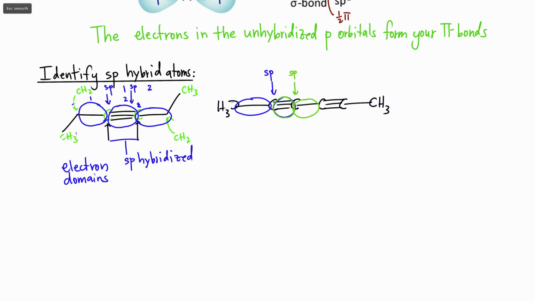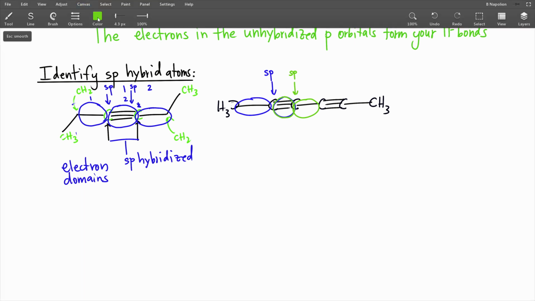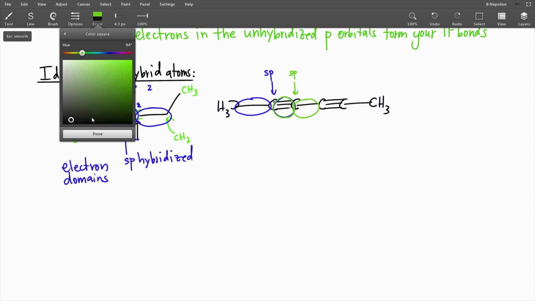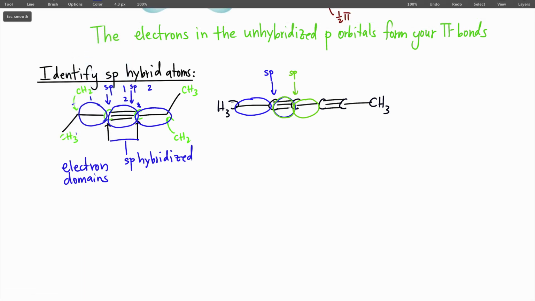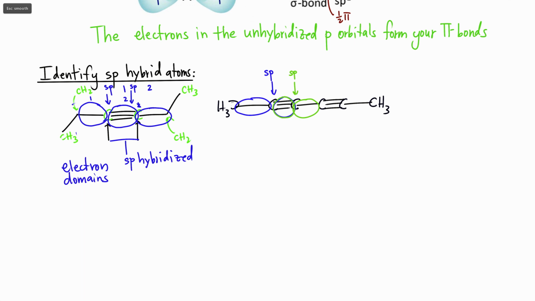Now, let's go ahead and take these same structures above, and let's write them in expanded and condensed form. Okay? So we have 1, 2, 3, 4, 5, 6 carbons. And let me rewrite that.